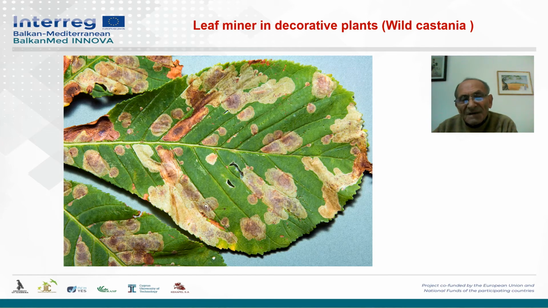This insect, sometimes once in 3 or 4 or 6 years, makes big damage and creates defoliation of decorative plants. You see here the mines have a different form in comparison with leaf miners in fruit trees, in citrus, in vegetables, etc.